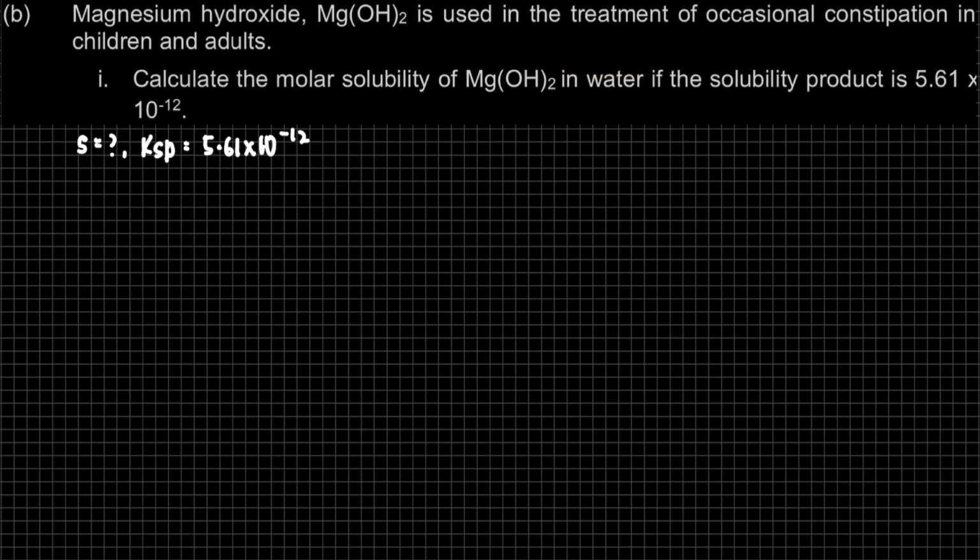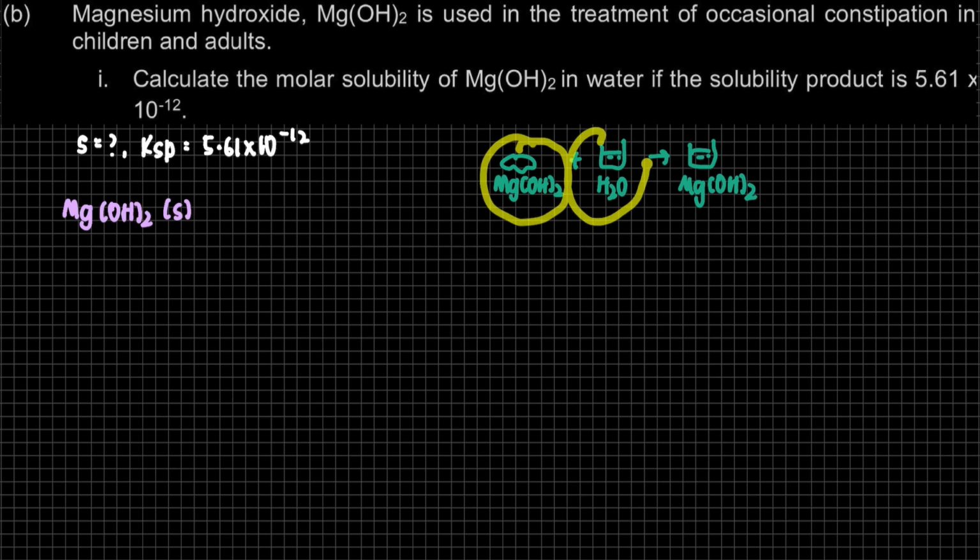So to find the S from Ksp, we have to write down the equation. So we have our Mg(OH)2. We dissolve it in water and form Mg(OH)2 solution. But for our equation, this is back to 7.3, solubility equilibria.